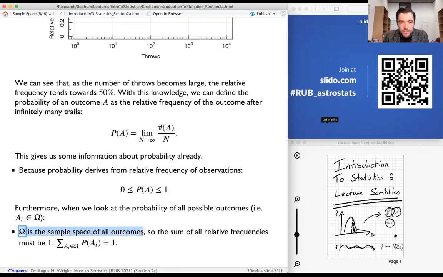Because omega is the sample space of all outcomes, and because the probability is defined as a relative frequency, the sum of all relative frequencies has to be 1 by definition. So the sum of all probabilities of all possible outcomes has to be 1. It's another very important property of probability.